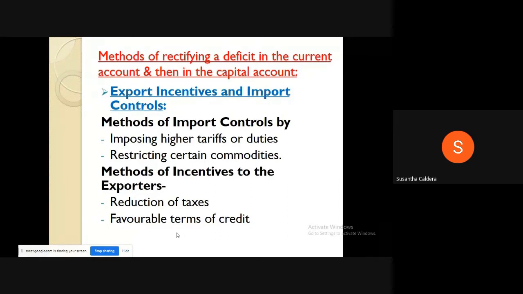Is it an incentive to the exporters or not? Is it an incentive to the exporters or not? Hello?